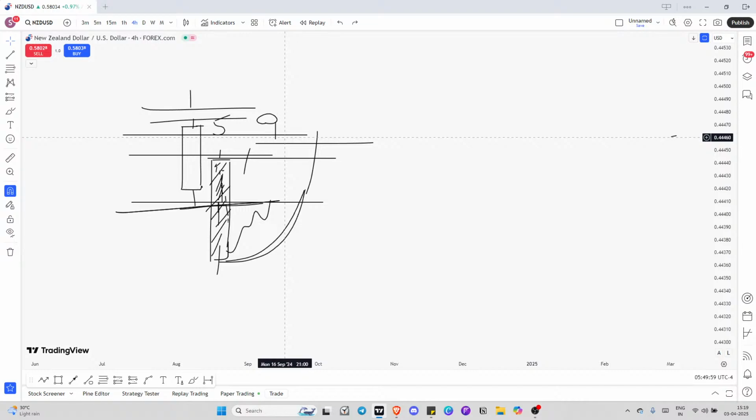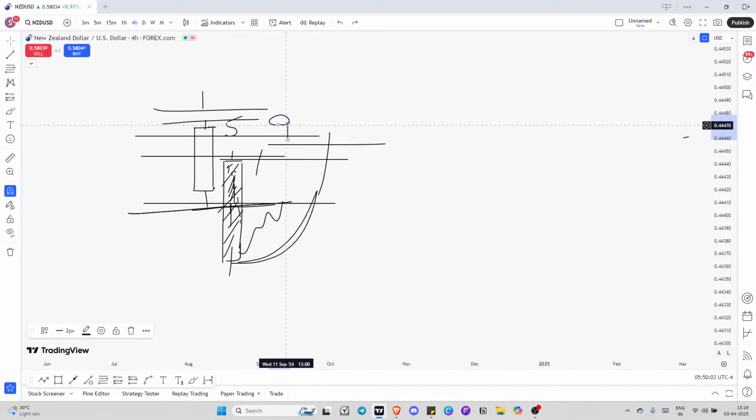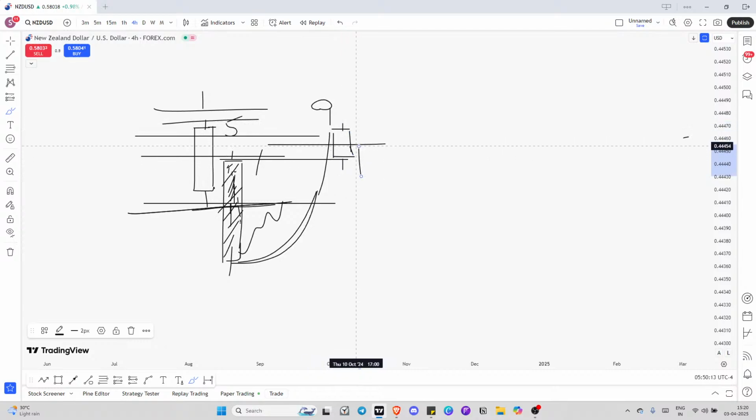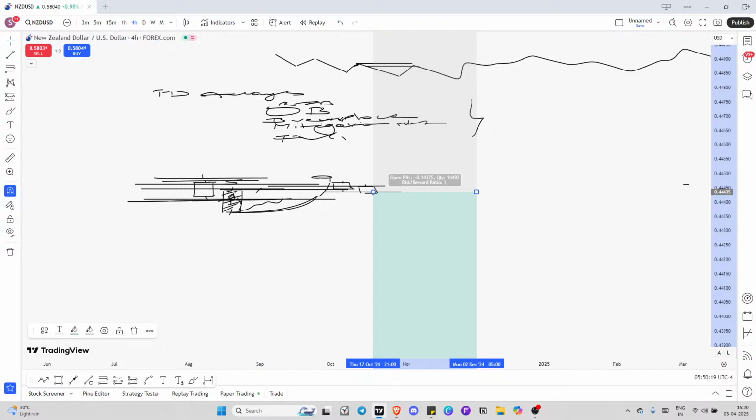So here we wait, and at 9 we execute the trade. Time is fractal, sorry, price is fractal. So what will happen on the high time frame happens for the short on the low time frame. Comes here, you just take this trade.